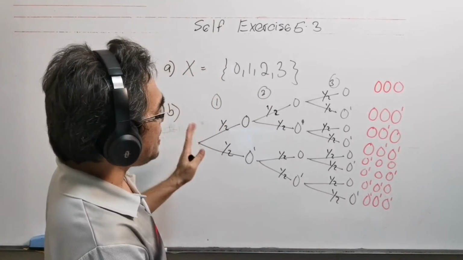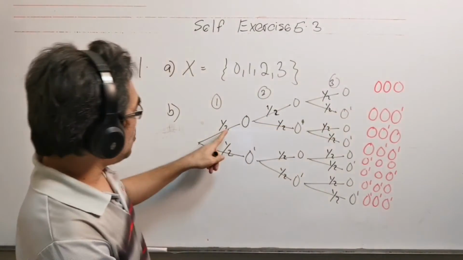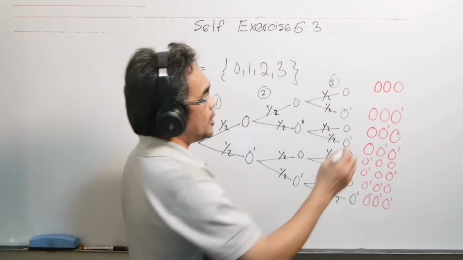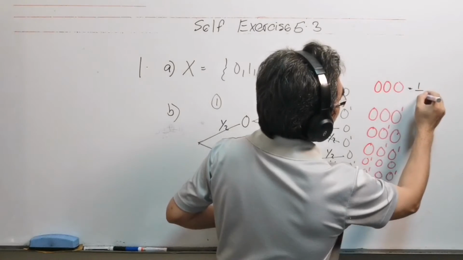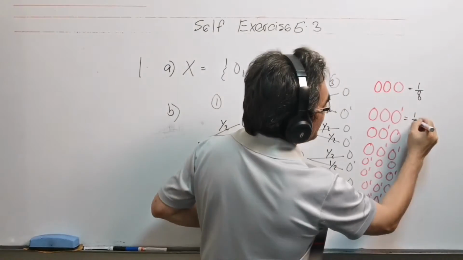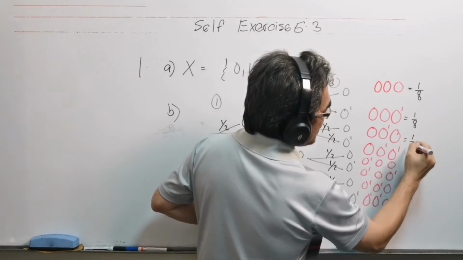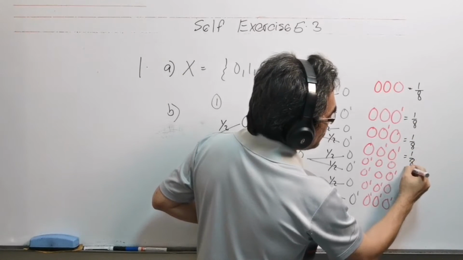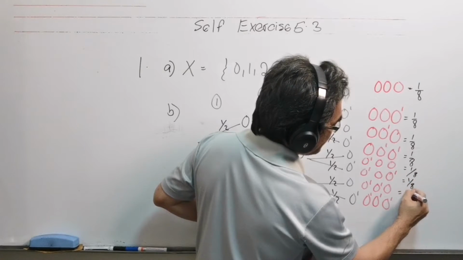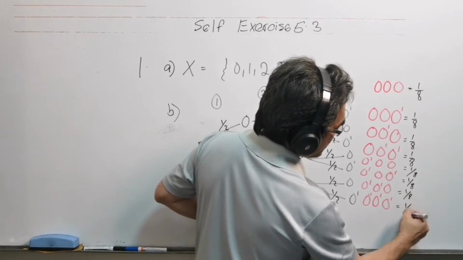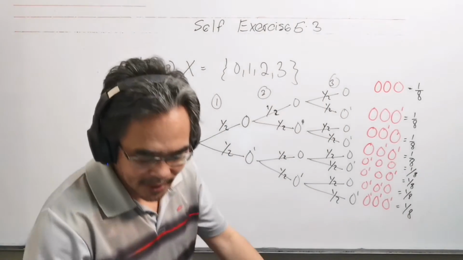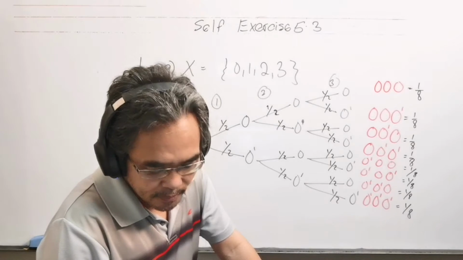So the probability for O, O, O means 1 over 2 times 1 over 2 times 1 over 2. So it will be 1 over 8. And in fact, everything here will be 1 over 8, because you are multiplying 1 over 2 and 1 over 2 and 1 over 2. Okay? You understand about this? Okay.